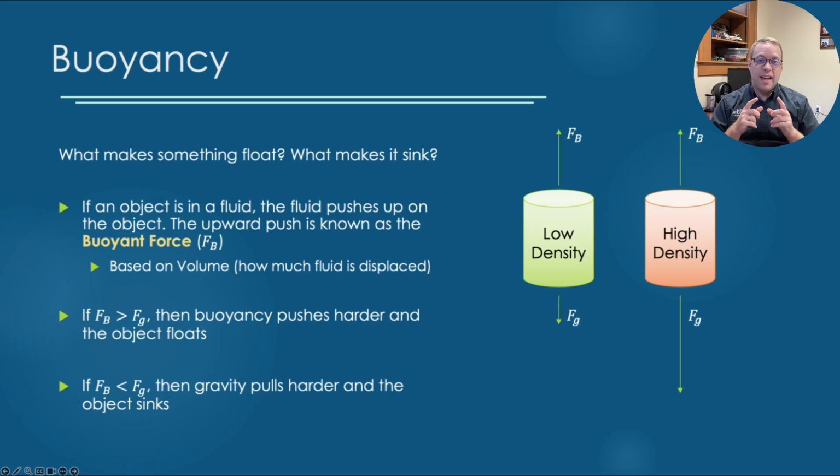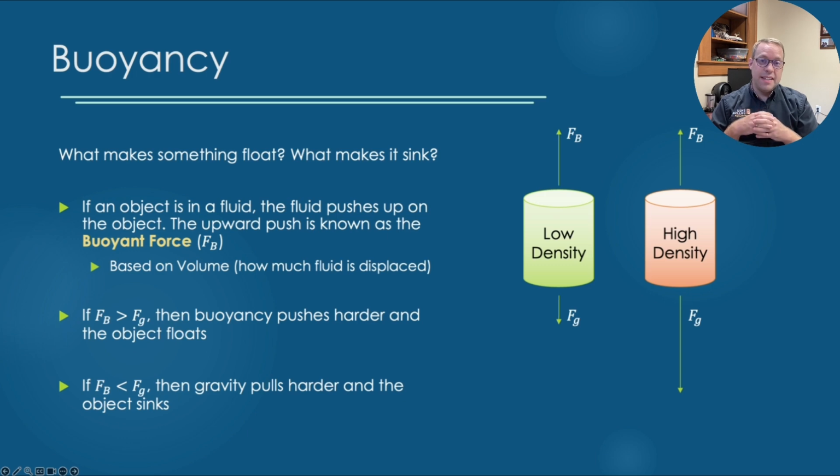But because the high density cylinder has more mass, it's going to have a larger weight. The low density cylinder has less mass, so it'll have less weight. And as you can see from the arrows, the low density cylinder has a larger buoyant force and a smaller weight. Since the buoyant force is more, that's going to cause that cylinder to rise.